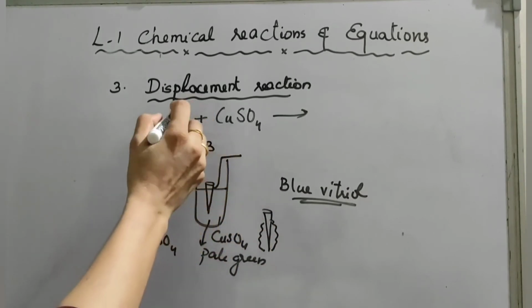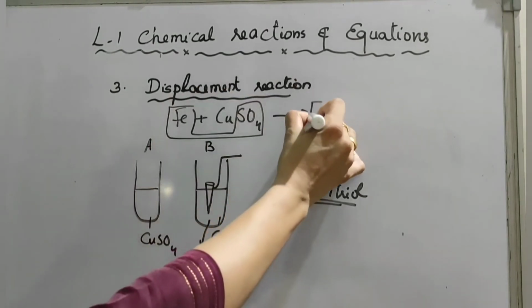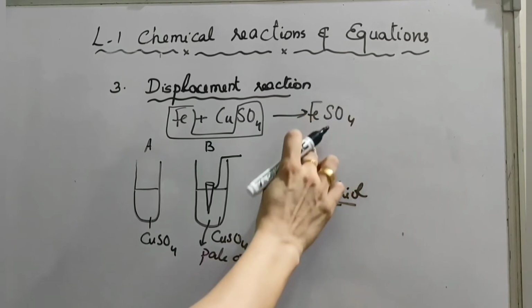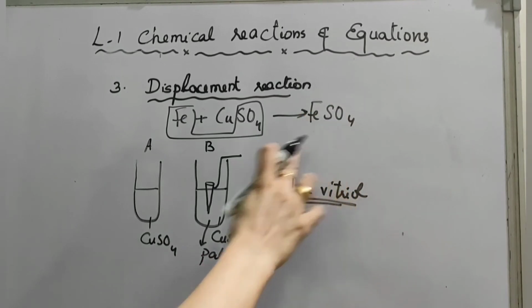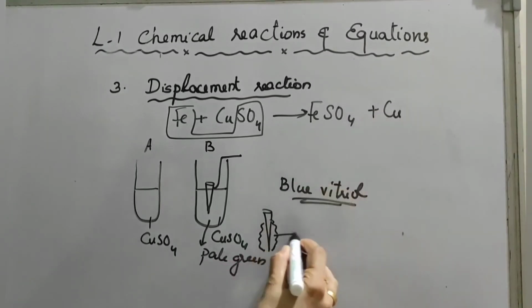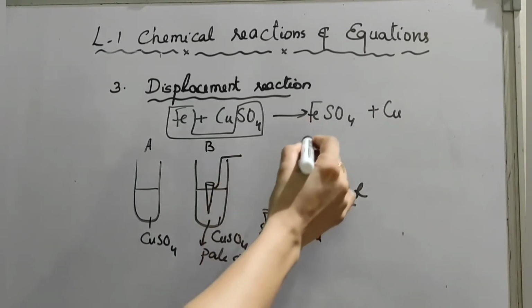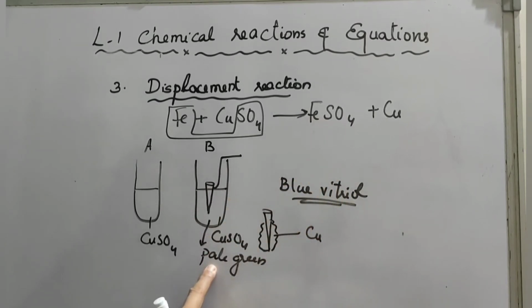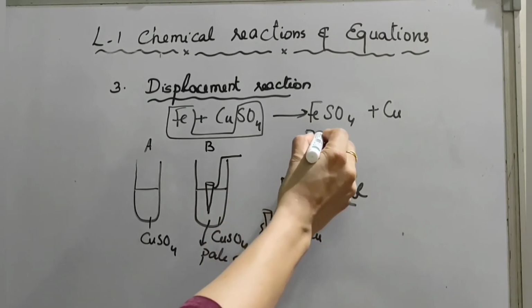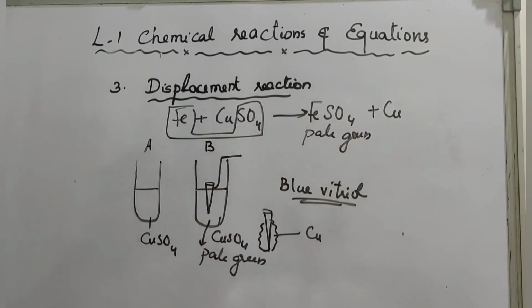So what happens? This iron reacts with copper sulfate to form FeSO4. What is the color of iron sulfate or ferrous sulfate? That is pale green. Plus copper is deposited. On this iron nail copper is deposited, and this solution changes to pale green, which means copper sulfate changes to iron sulfate.